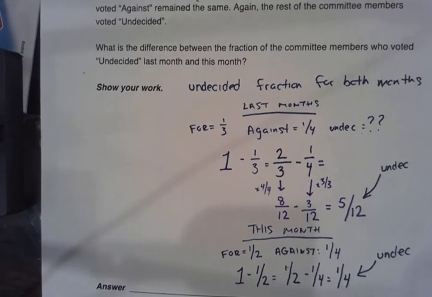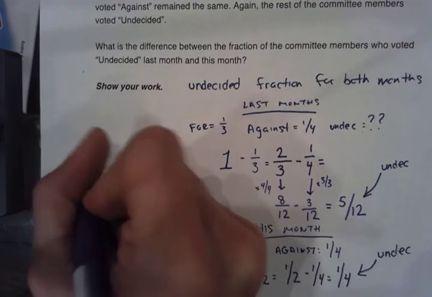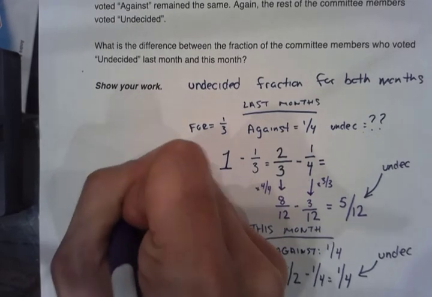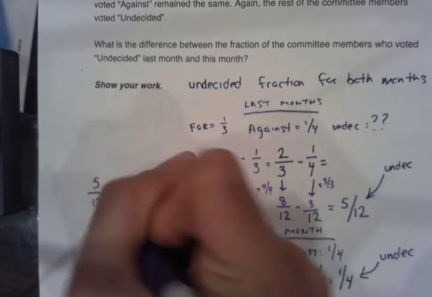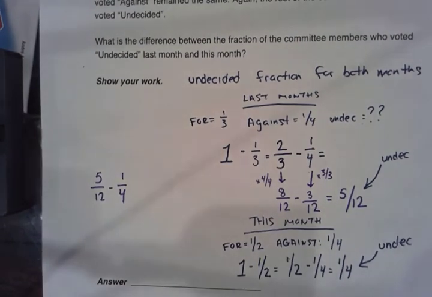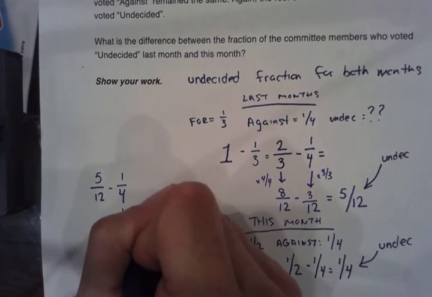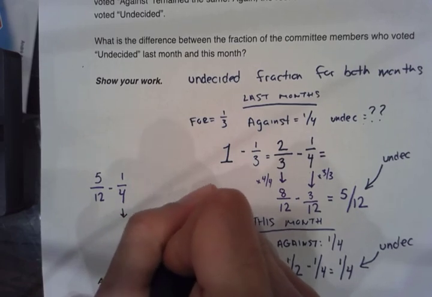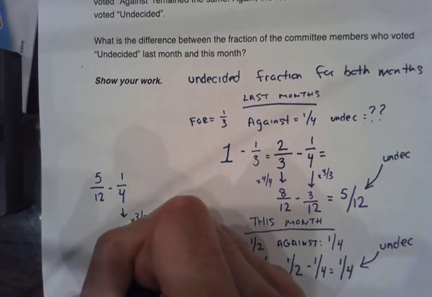Now, our last step, if we subtract our two undecideds, so we have 5/12 minus 1/4, we will get our answer to our question. But once again, we do not have common denominators. So if I just multiply 1/4 by 3/3, I'm going to get 3/12.